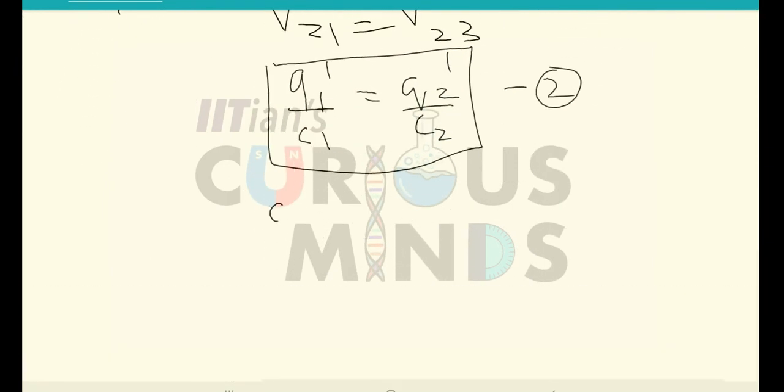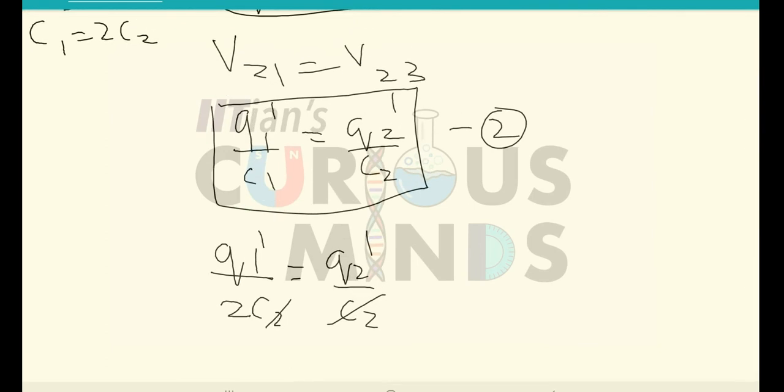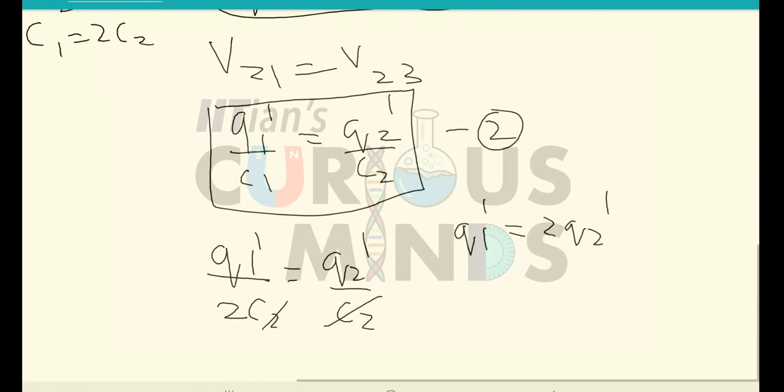Let me substitute in this equation. Q1 dash divided by 2C2 is equal to Q2 dash divided by C2. C2 will get cancelled out. So basically I can say that Q1 dash is equal to 2 times Q2 dash.